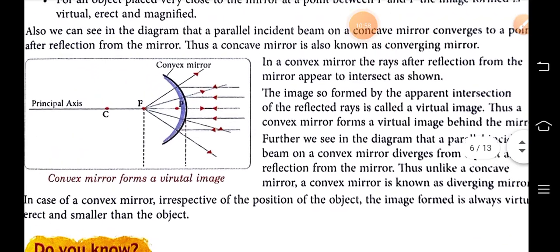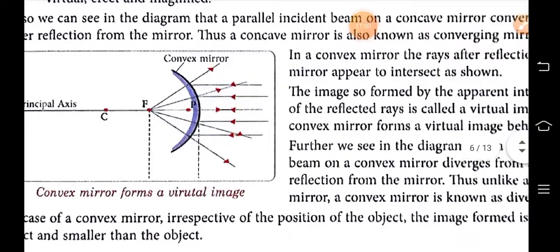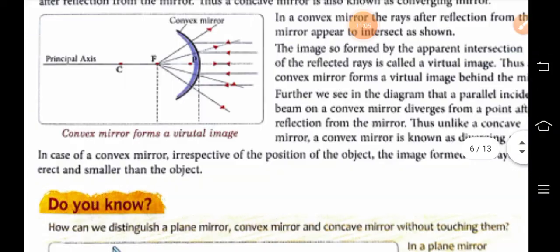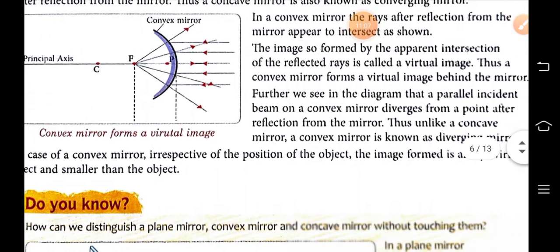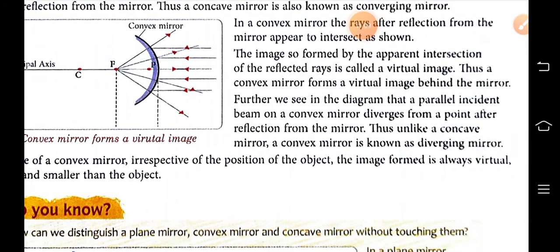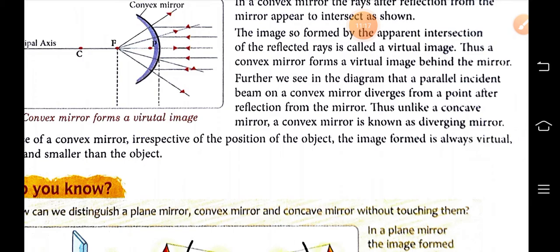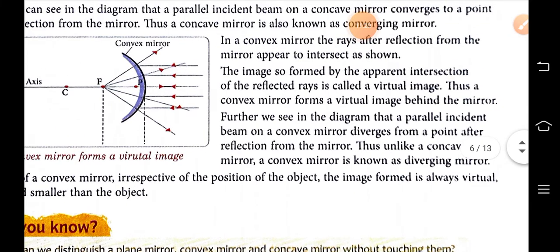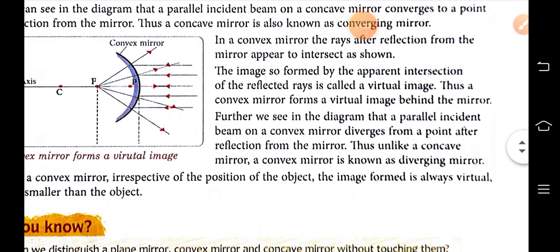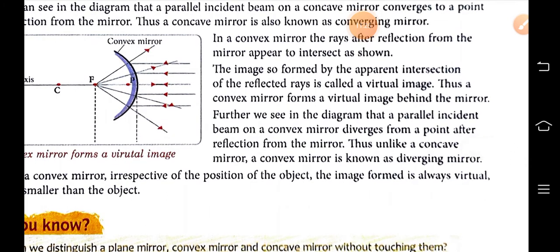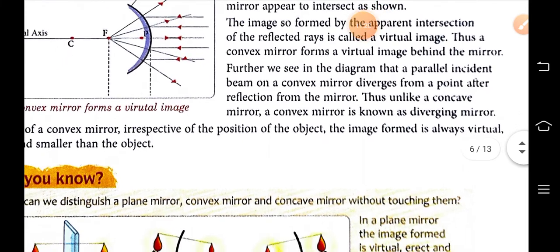See here, convex mirror. The image formed: the rays from a point, the rays are going in different directions, and so the rays get diverged, and it is known as a diverging mirror. So thus, unlike a concave mirror, a convex mirror is known as a diverging mirror.